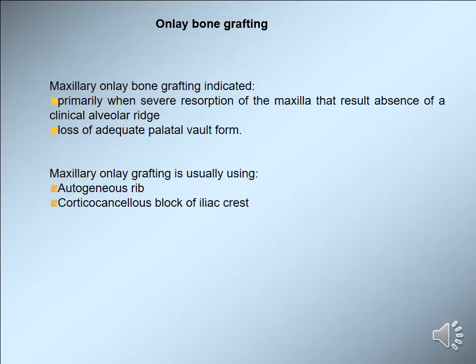First, onlay bone grafting. Maxillary onlay bone grafting is indicated primarily when severe resorption of the maxilla results in absence of a clinical alveolar ridge, and second, loss of adequate palatal vault form. Maxillary onlay grafting is usually done with autogenous rib or corticocancellous block of iliac crest.